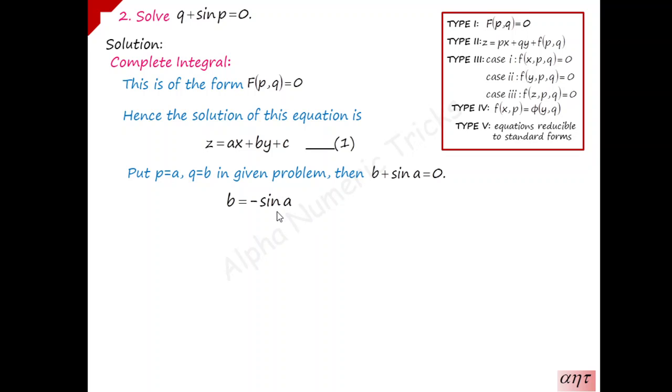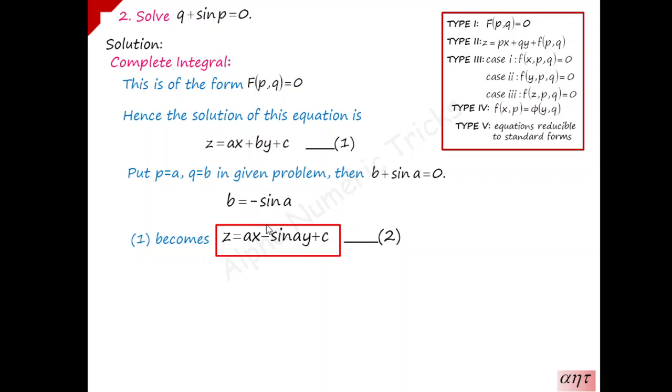We substitute this in the assumed solution. So solution 1 becomes z = ax - (sin a)y + c. Now look at the solution: it consists of 2 independent variables and 2 arbitrary constants, so this is the required complete integral.